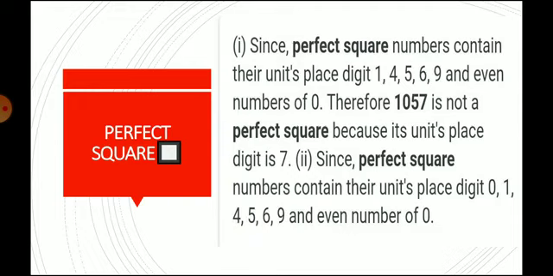In the first step we check the units place. That is 7, but there is no 7, so this is not a perfect square, since perfect square numbers contain their units place digit 0, 1, 4, 5, 6, 9.